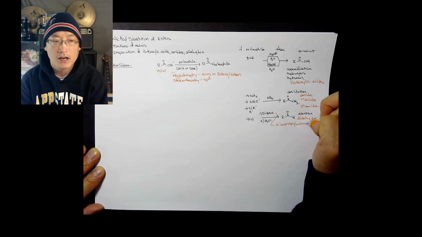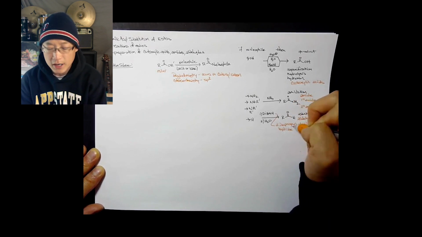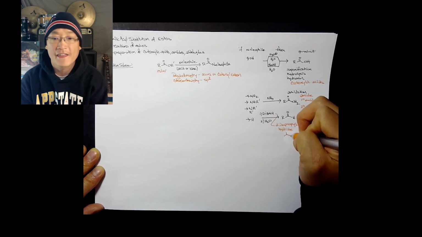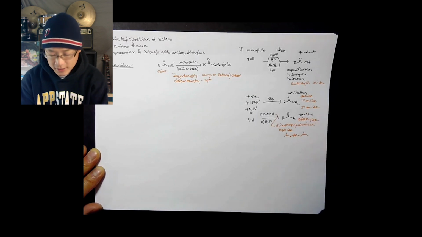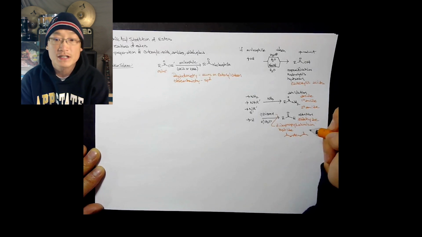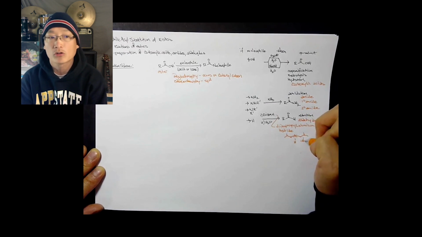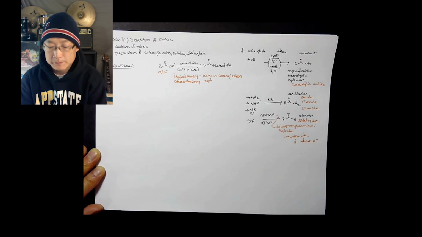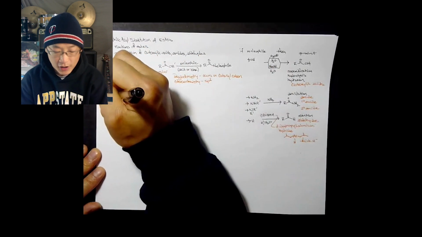DIBAH stands for diisobutylaluminum hydride, and that molecule affords us an H minus. And so if you see DIBAH, you're thinking to yourself 1 molar equivalent of H minus. Regardless, that will undergo a substitution type reaction and convert an ester into an aldehyde.